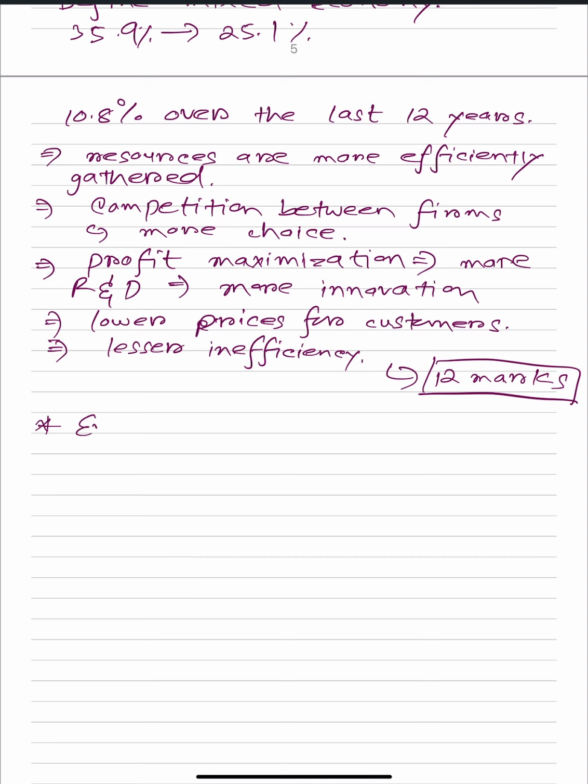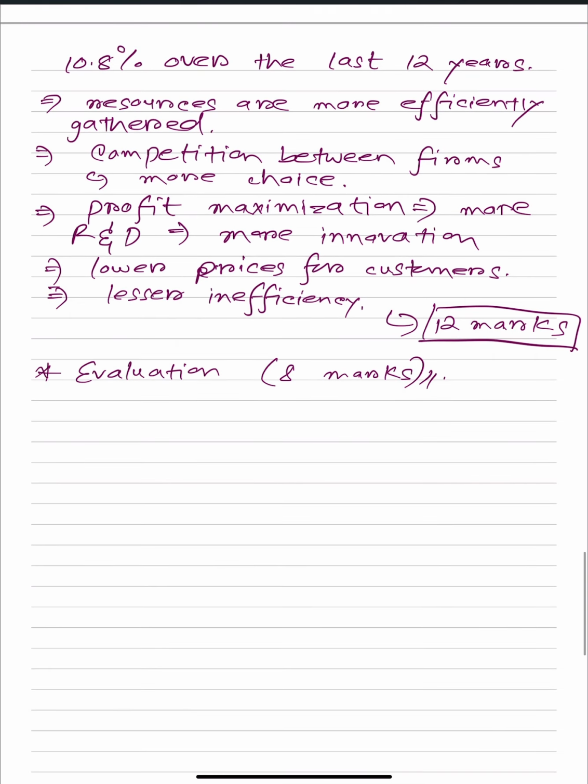Lastly, for the evaluation, which is 8 marks, 3 points are also enough. You can write 4. Firstly, the first evaluation point can be the fact that when there is more competition between firms, there might be a situation where one firm will be very dominant and it might start to gain monopoly power.